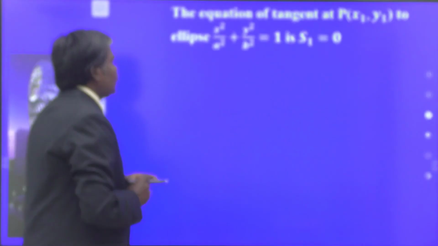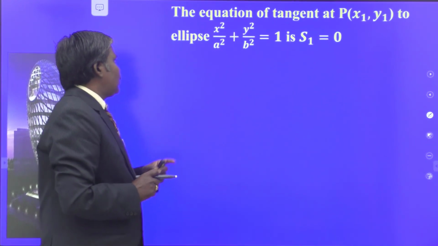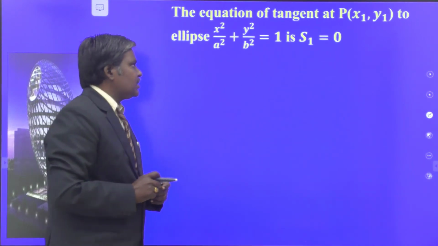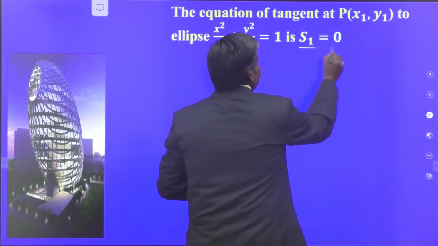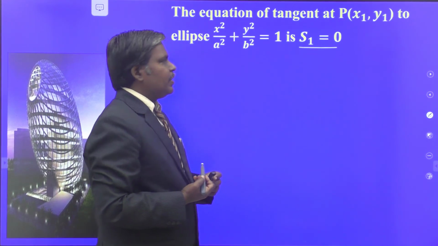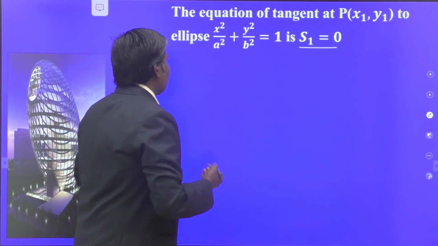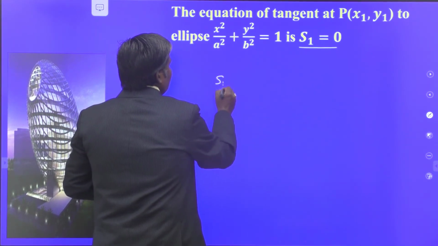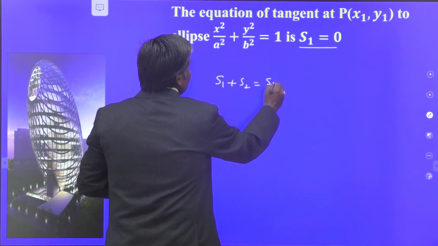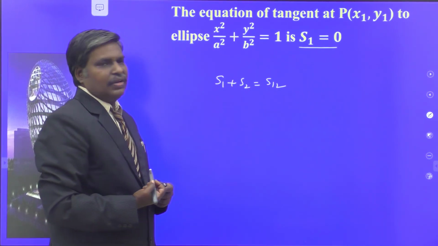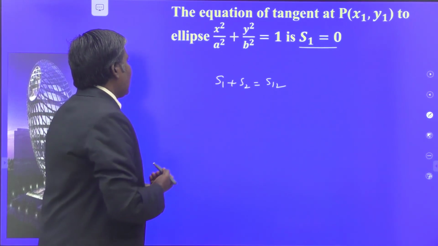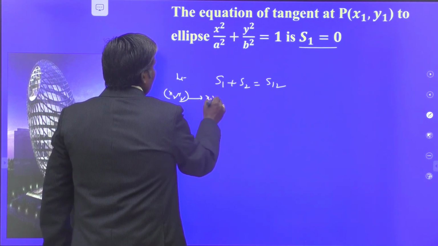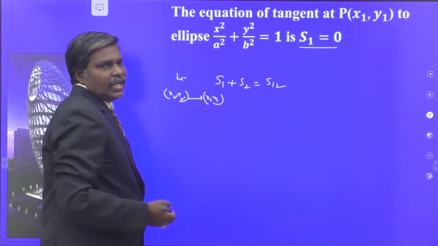Next one. The equation of the tangent at P (x1, y1) to the ellipse x square by a square plus y square by b square equal to 1 is S1 equal to 0. We can do this in two or three methods. You know that the equation of the chord joining the two points (x1, y1) and (x2, y2) is S1 plus S2 is equal to S12. As (x2, y2) tends to (x1, y1), the chord becomes the tangent to the ellipse.